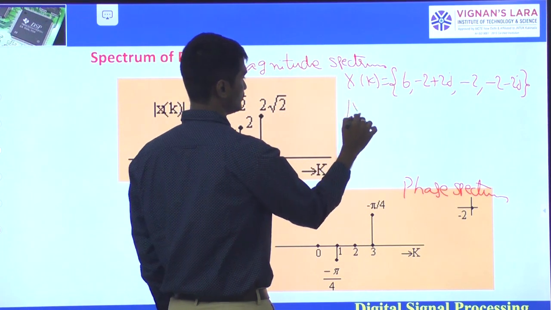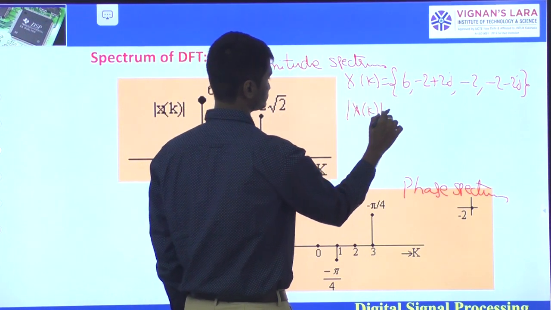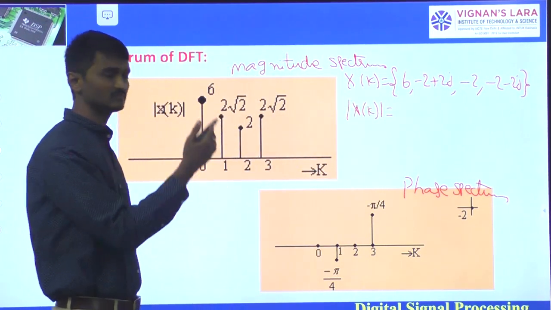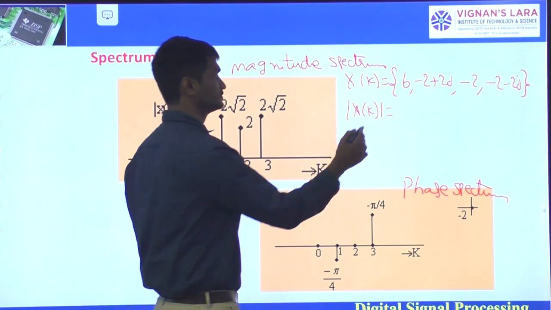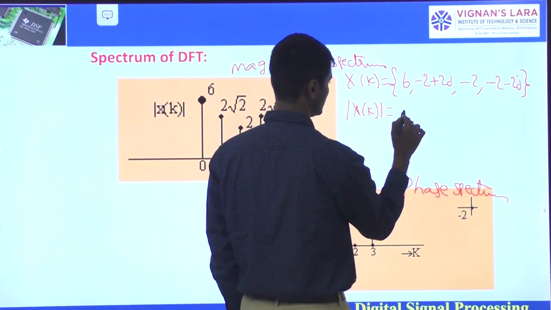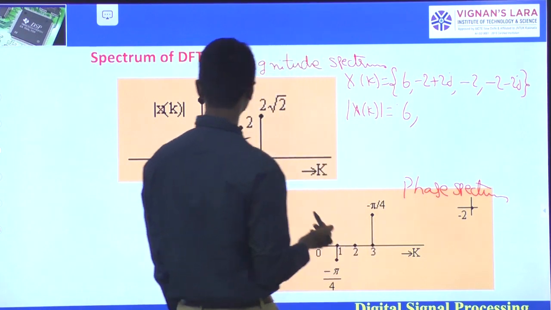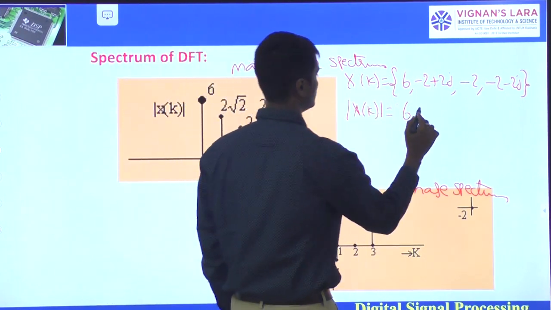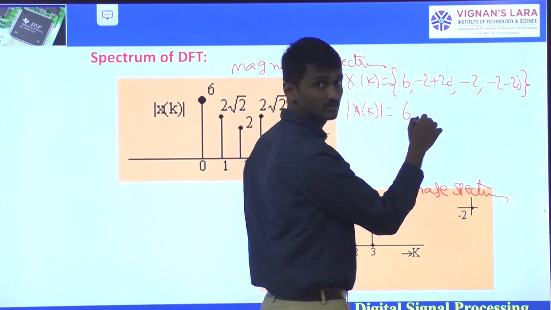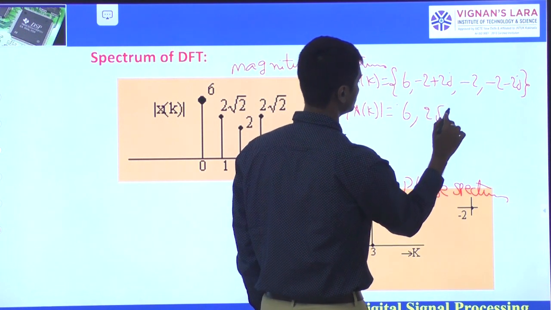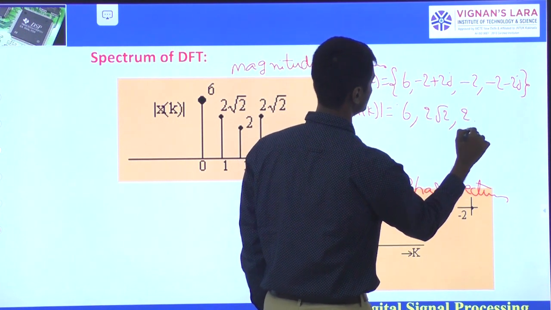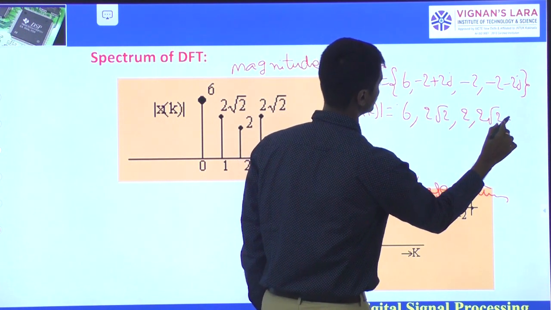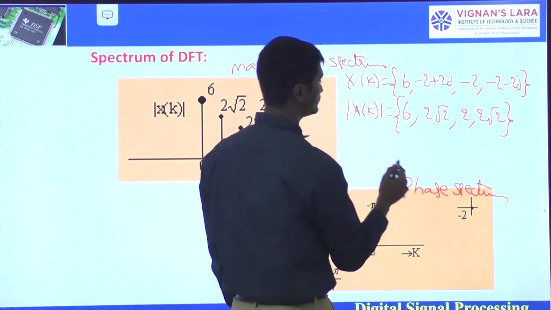So for that, what is mod X of k? The magnitude values are 6. Next, square root of a square plus b square, there it is 2 root 2. So next, 2 into root 2 is the magnitude.